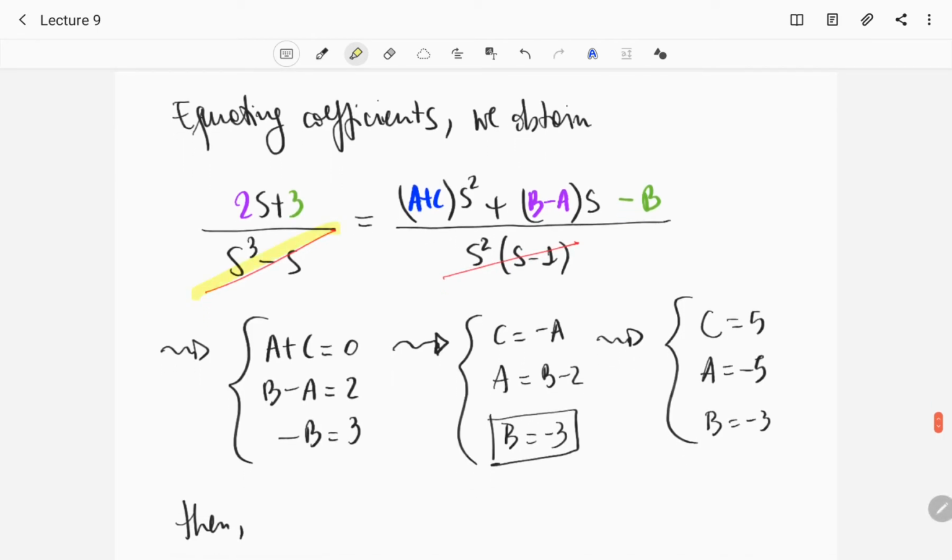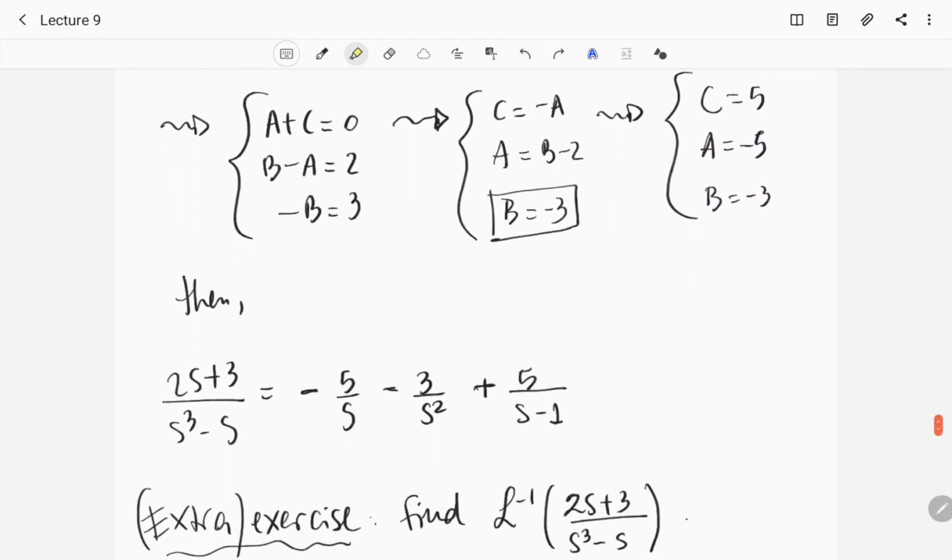Of course, we have the same polynomial in the denominator, so we can cancel it. So we solve this little system and we find these values: a is equal to -5, b is equal to -3, and c is equal to 5. You can check if I made any mistake.